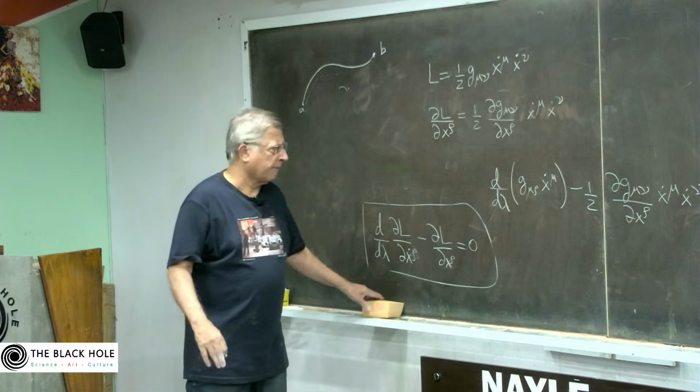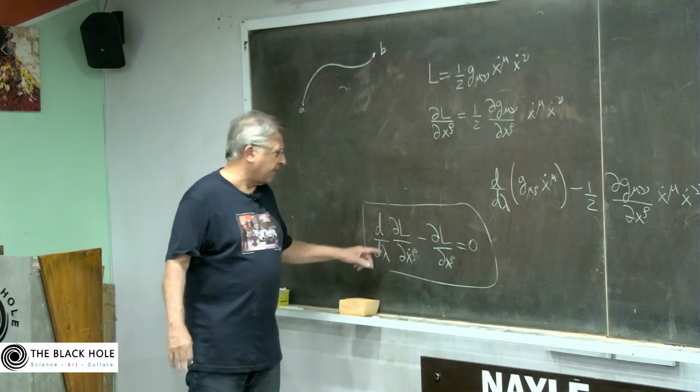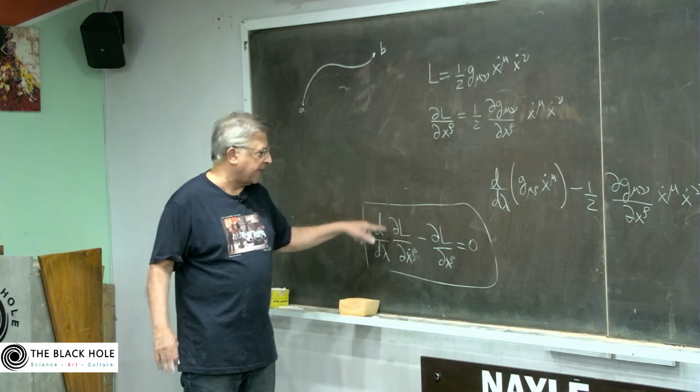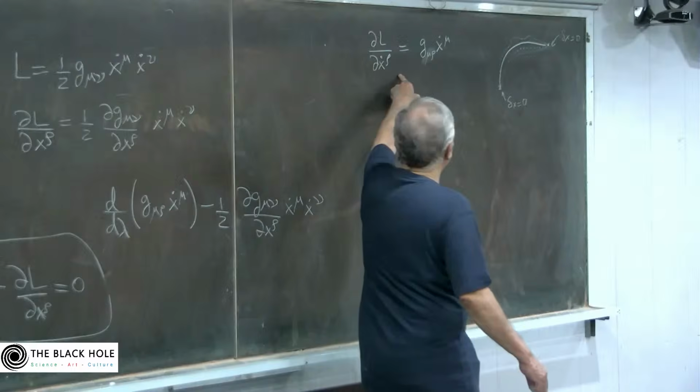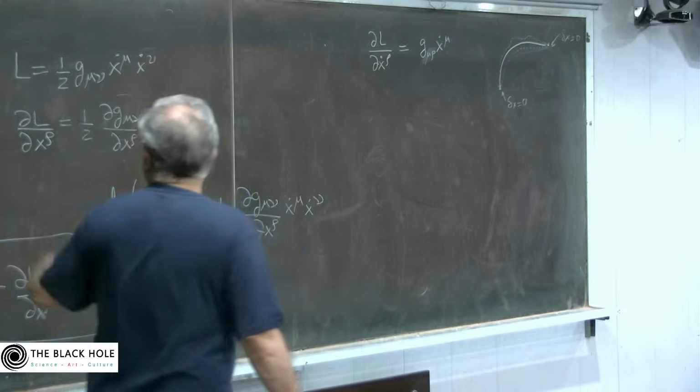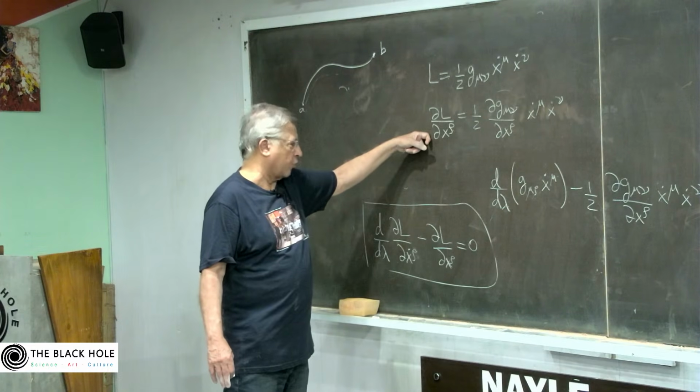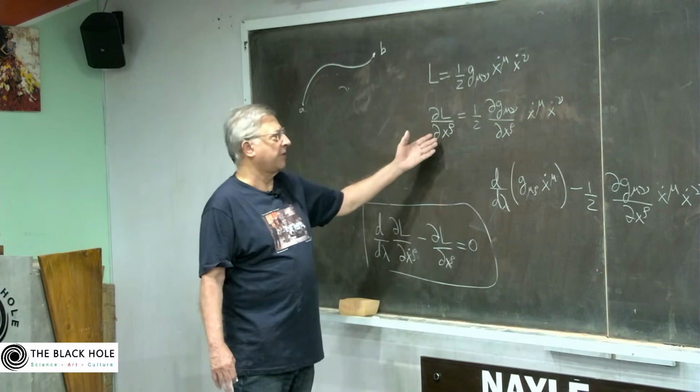Everybody agreed on that? That I've just put in dL by d x dot rho from here, and I have dL by dx rho I've written here.